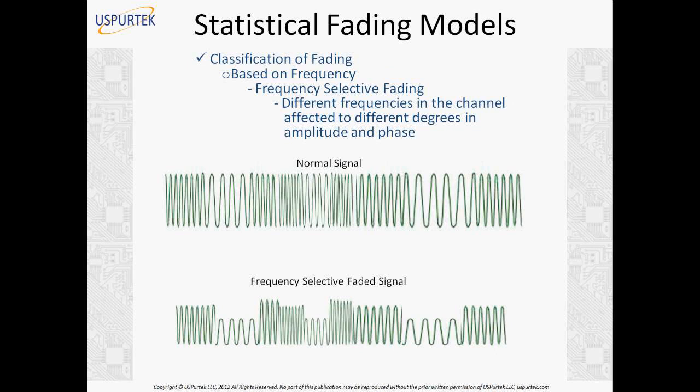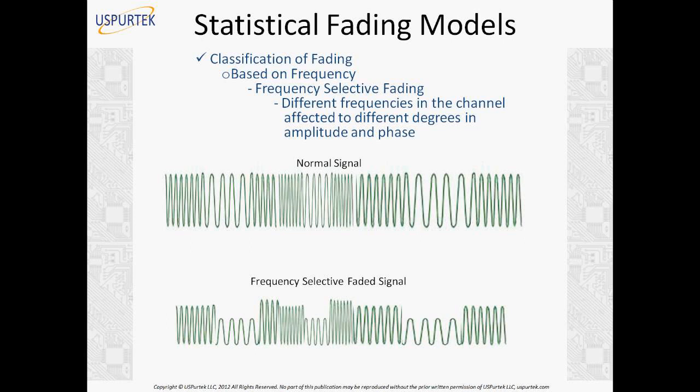So if each component of a frequency band fades to a different extent, then we get this frequency selective fading. Now here it's a little more challenging because if your signal content is spread out on all these frequency components, then part of the information content in the signal will be faded. You will lose part of the content actually, right? And it will be hard to recover that. Although there are schemes to do that, it still presents more challenges.